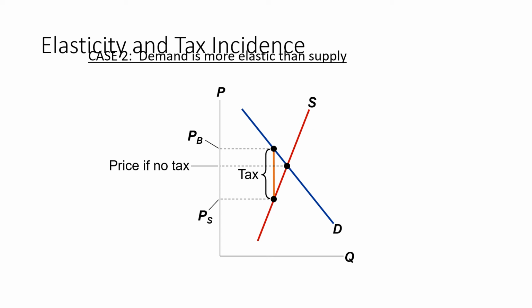So the conclusion is the burden entirely depends on the elasticity of supply and demand. If the demand curve is more elastic than supply, then the tax burden will lie on the seller, but if the demand curve is less elastic than supply, then the tax burden is going to fall on the buyers.